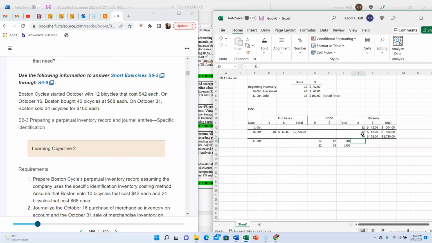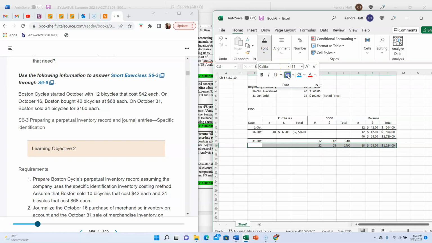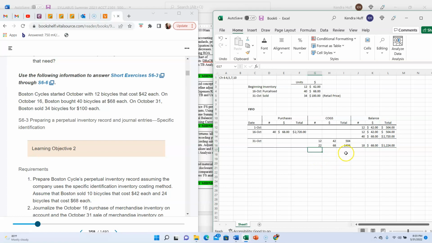All right, our 12 is gone. 12 minus 12 is 0. I don't have that left anymore. And then 40 minus 22 is what I have left. So 40 minus 22, 18 left that we paid $68 for. All right. Okay, so I add up this column, and this is our cost of goods sold for the month.